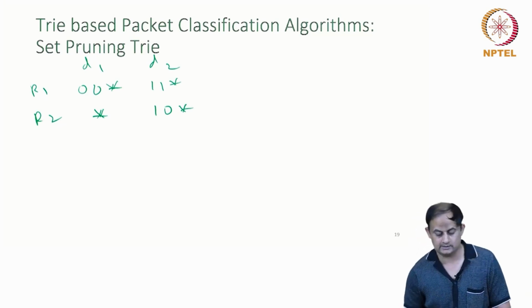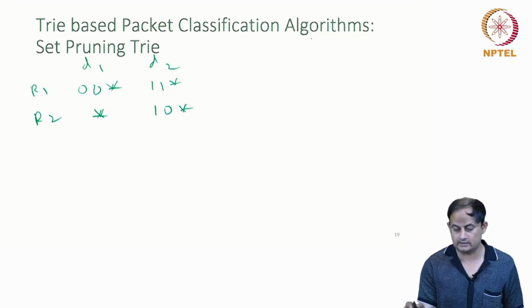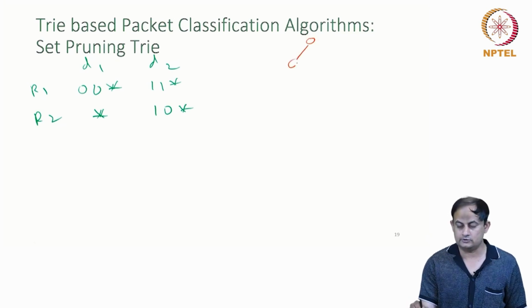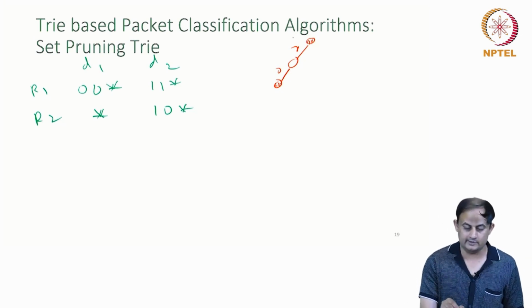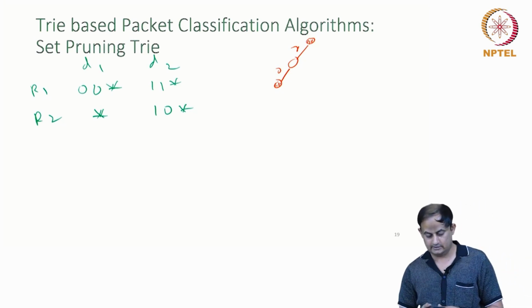Let me construct the hierarchical tree for this one and then try to do the modification. So 00 star will take me here, and then I will highlight this, and the second is star itself, and I will make this node the first dimension D2, where all combinations are taken care of.